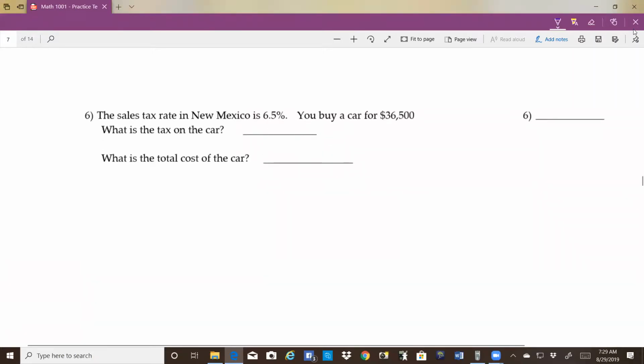Okay, the sales tax rate in New Mexico is 6.5%. You buy a car for $36,500. What's the tax on the car?